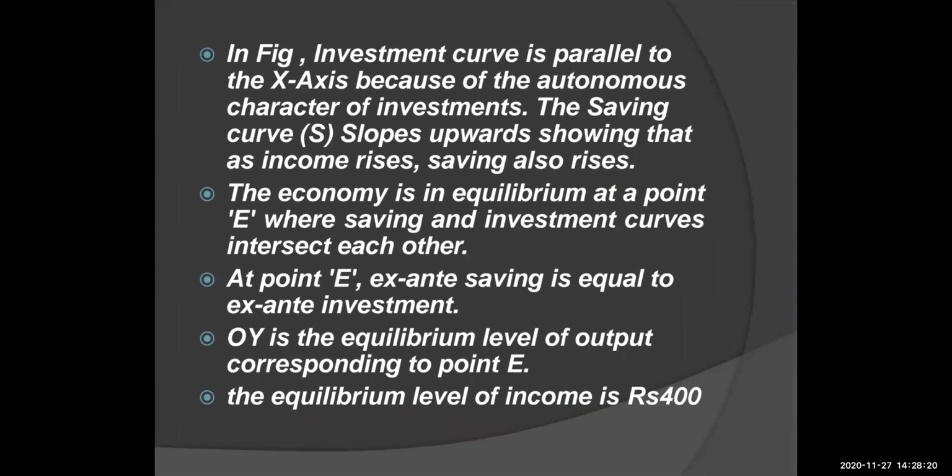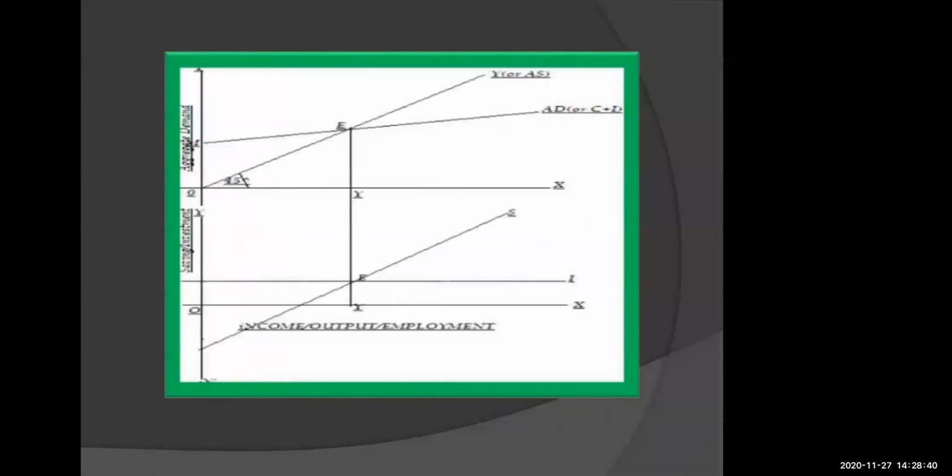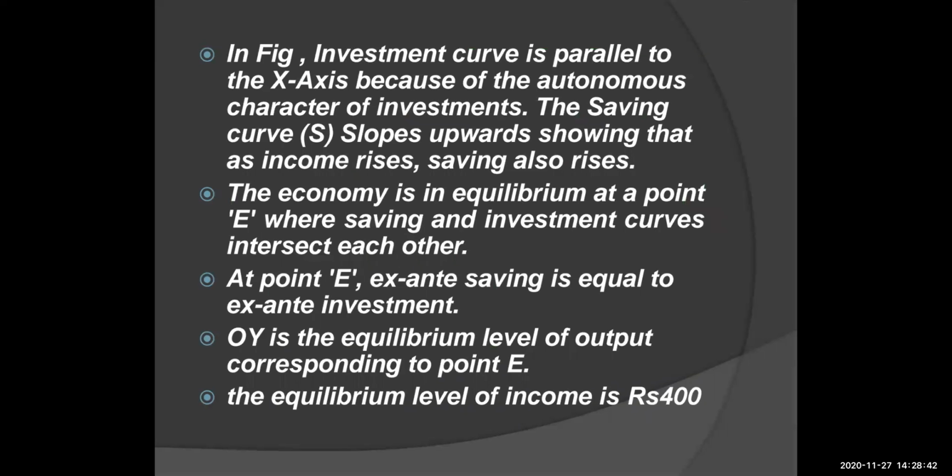In this curve, we observe that the investment curve is parallel to the x-axis because of the autonomous character of investment, and the saving curve slopes upward, showing that as income rises, saving also rises. The simple reason is, as income increases, saving also increases.